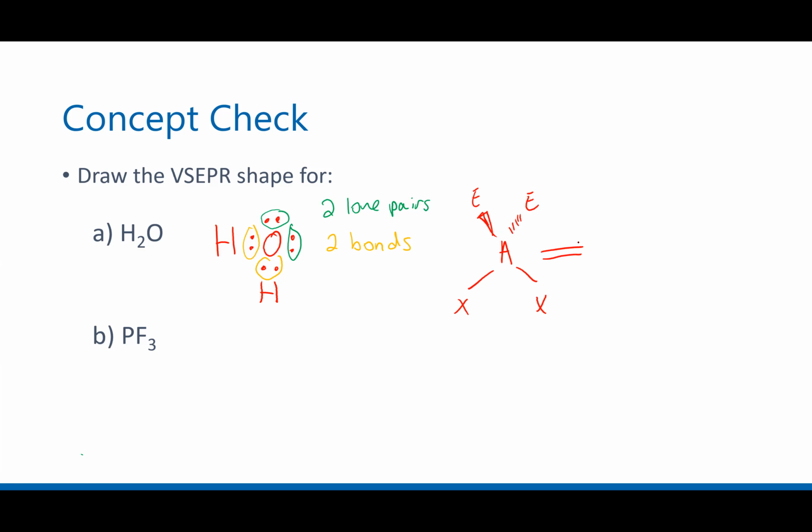So all I do is change the letters. Instead of A, I'm going to call it oxygen. Instead of X, I will put my hydrogens, and then I'll just put my electrons here. This is called a wedge, which I'm attempting to draw, and these are hashes or dashes. These show you that the molecule is in 3 dimensions.